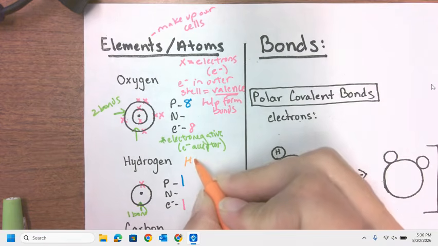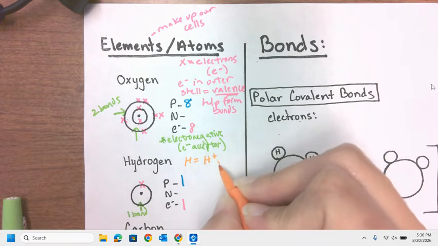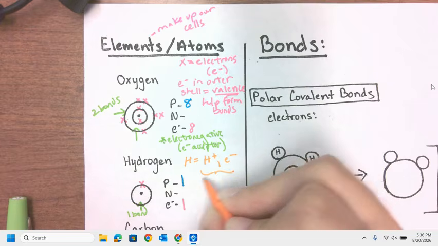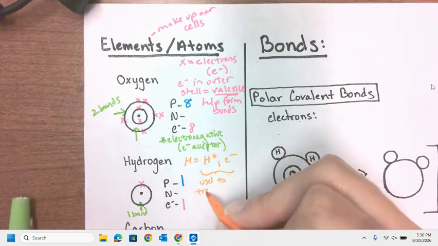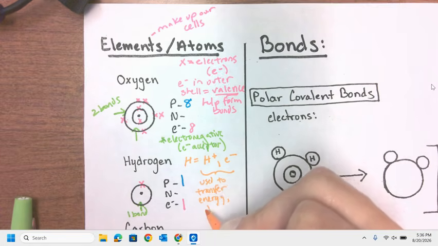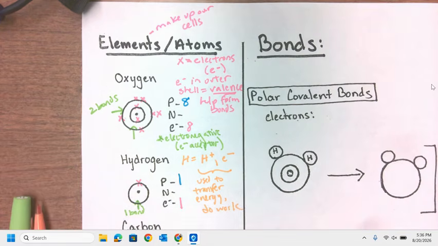So hydrogen equals 1 proton, which we refer to as H+, and 1 electron, okay? And these can be separated, and the flow of these can be used to transfer energy or do work in our bodies, okay? And I'm just going to use my yellow to separate these, otherwise it's going to get confusing.